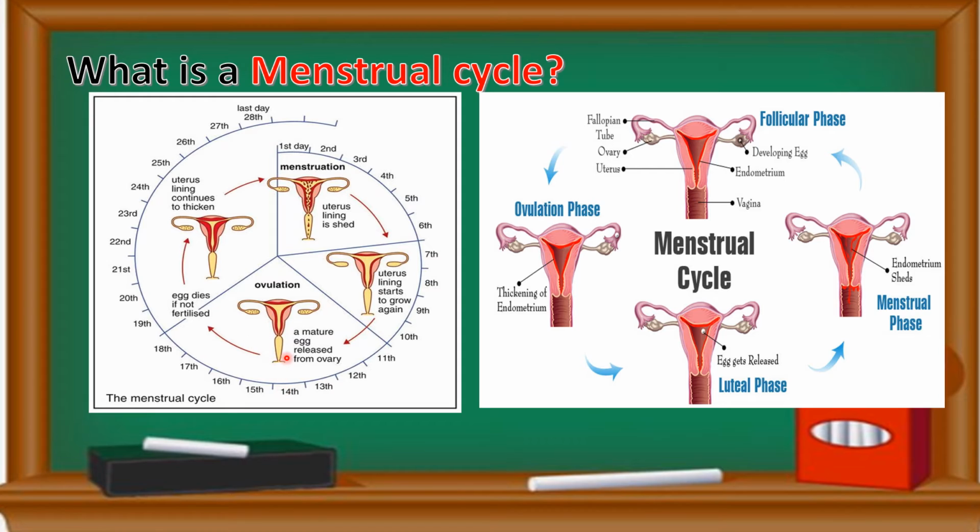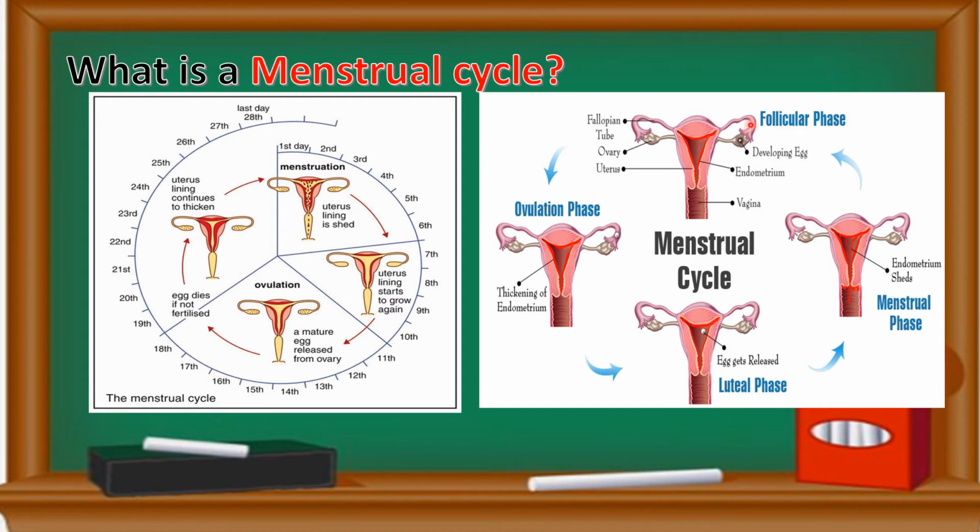Usually it is on the 14th day. If there's no fertilization, the egg dies, but the uterus lining continues to thicken, and this will result again in the cycle of menstruation.